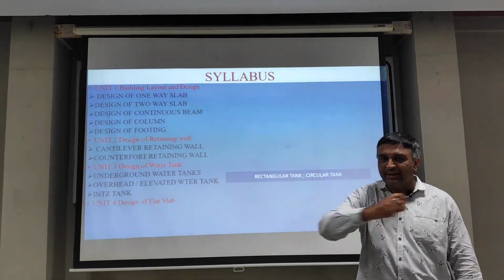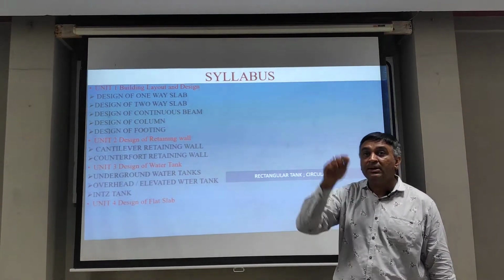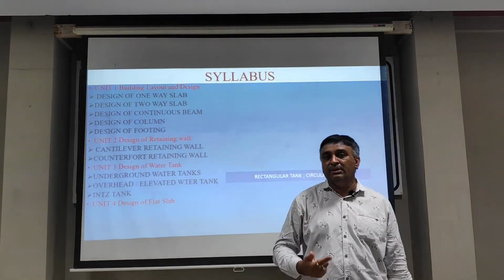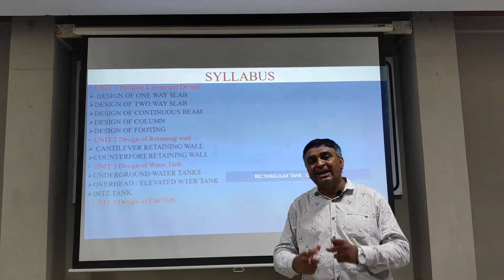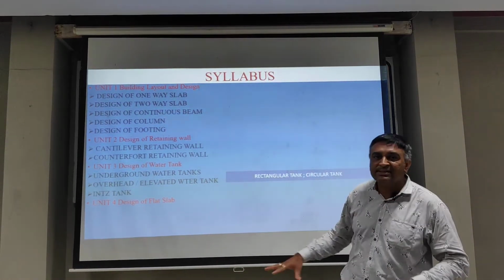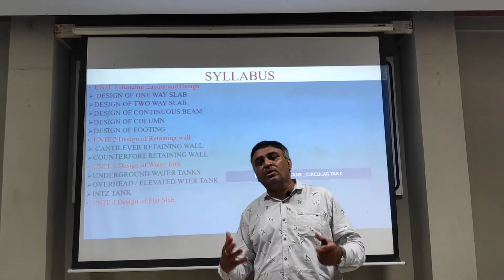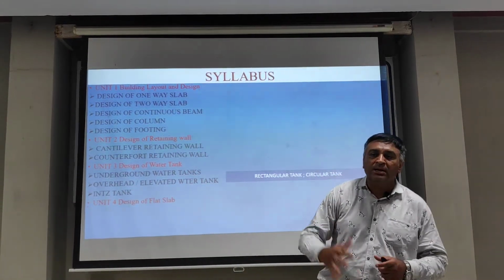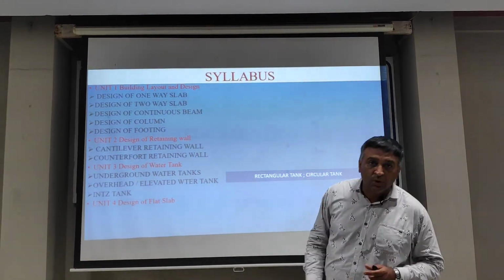So in technical words, when the slab has no beam, that slab is called flat slab. We provide flat slab where the room size is bigger compared to our residential room, or where more length is required for public purposes, meeting purposes, everything. You can say the marriage hall also.